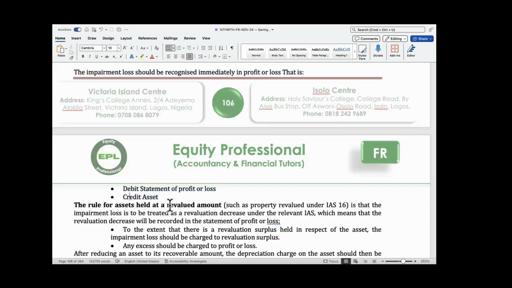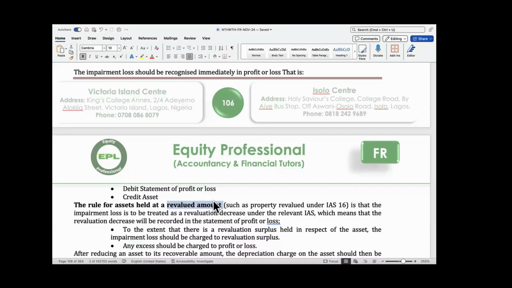However, if this asset is measured using the revaluation model, you need to be very careful. If you remember what I taught you on revaluation deficits, it's the same thing that applies here. If there was a previous revaluation surplus on that same asset, that impairment loss will not go to P&L, but rather it will go and eat that revaluation surplus in OCI first.